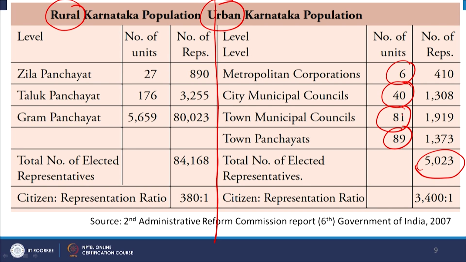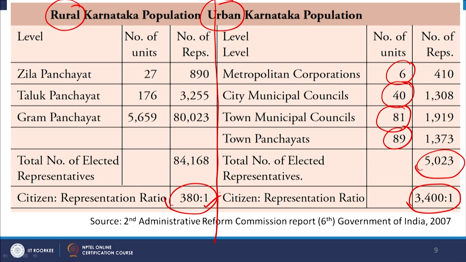The citizen ratio per constituency is 1 representative for 3,400 population, whereas for the rural sector it is much better: 1 representative for 380 citizens. This can be seen in every state.